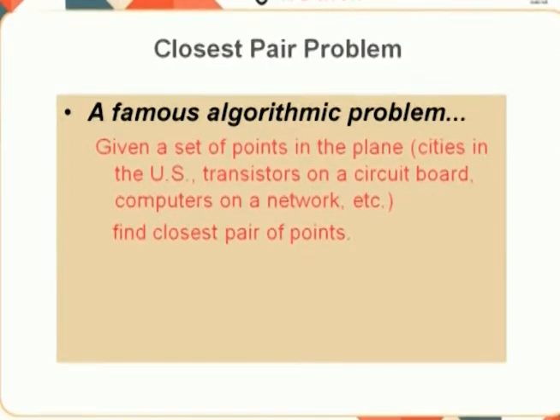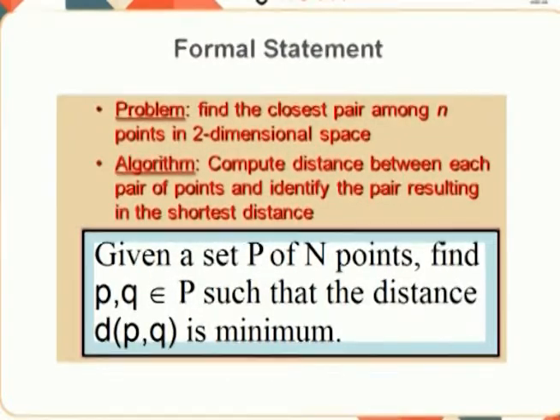This is a very interesting problem from computational geometry, which we will encounter in algorithm study in a number of ways. Let us give a formal statement for this problem.